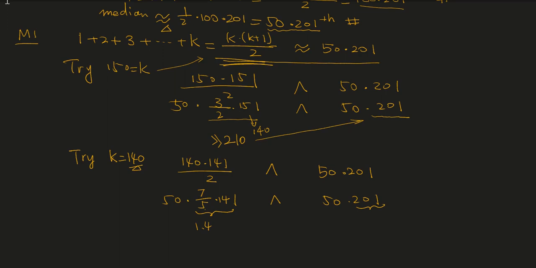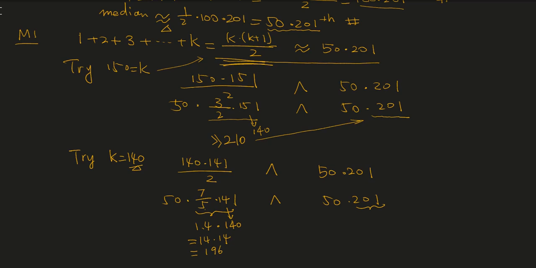And now I'll do a teeny shrinkage as well, so as to simplify the calculation. I'll shrink this to 140. The benefit of that is this is equivalent to 14 times 14, and we know 14 squared is 196.